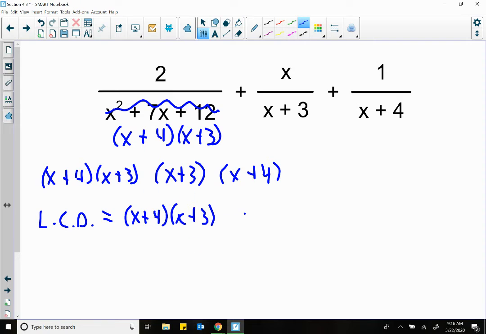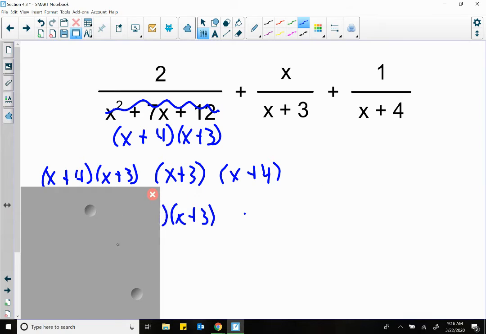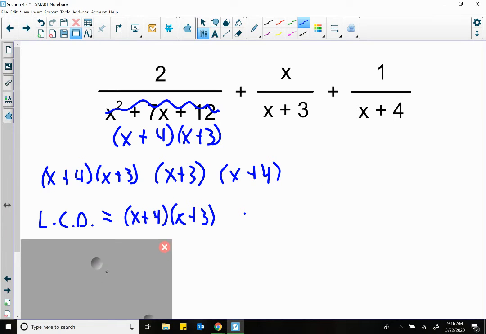So does x plus 4, x plus 3 cover x plus 4, x plus 3? You bet. Does x plus 4, x plus 3 cover x plus 3? Uh-huh. See, just like what we did earlier. There's the x plus 3. Does x plus 4, x plus 3 cover the x plus 4? Yep.